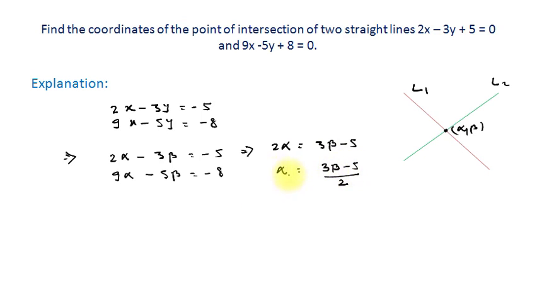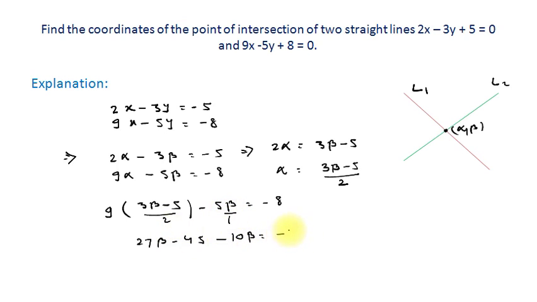So if we put this value in the second equation, we can write 9 into (3 beta minus 5) divided by 2, minus 5 beta, and this is equal to minus 8. Now this can be written as 27 beta minus 45 minus 10 beta, this is equal to, here the LCM is 2, so this is equal to minus 16.